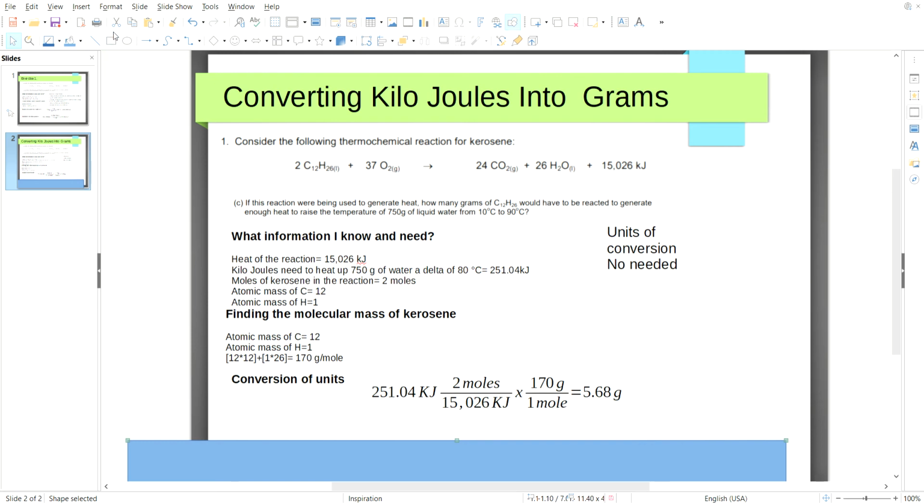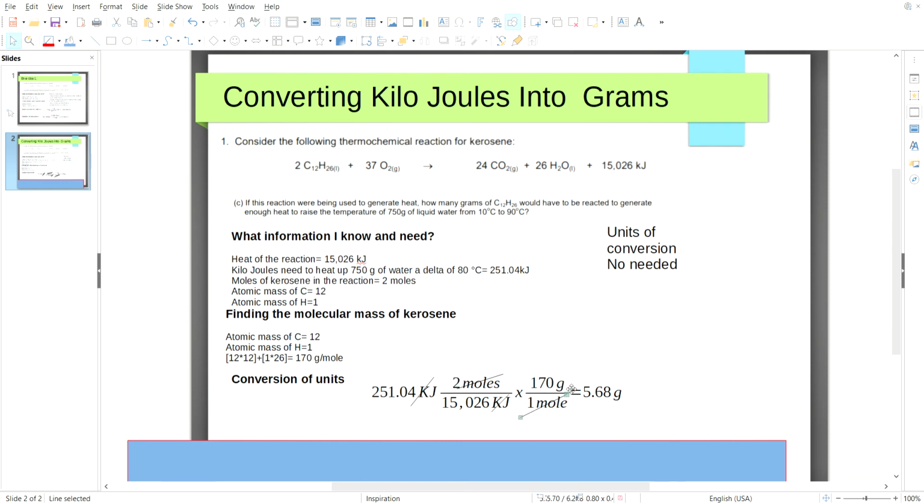Let's check if our exercise is okay. I'm going to cancel out the units in the best way I can with the issues I'm having right now, as I told you. So kilojoules are cancelled with kilojoules, right? And now moles over here are also cancelled with moles over here.